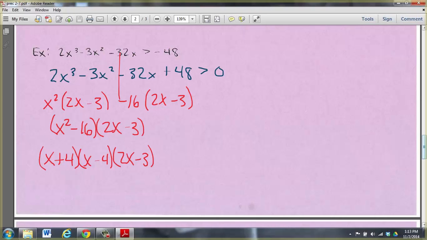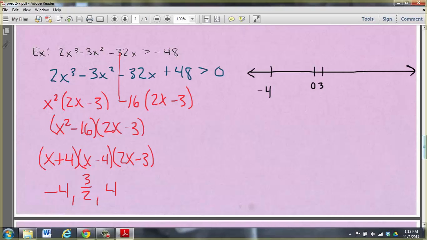Holy cow, we have 3 critical numbers this time. Our critical numbers are -4, 3/2, and 4. I always put my 0 in there because that's the one that's easiest for me to use.